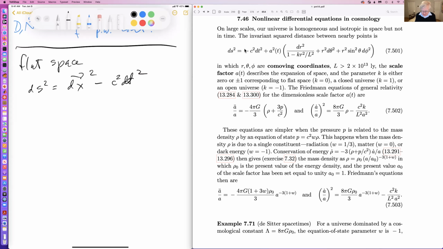When ds squared is positive, this is space-like. For space-like separations, things are either not interacting, or fields at space-like separations commute or anti-commute, as we say.